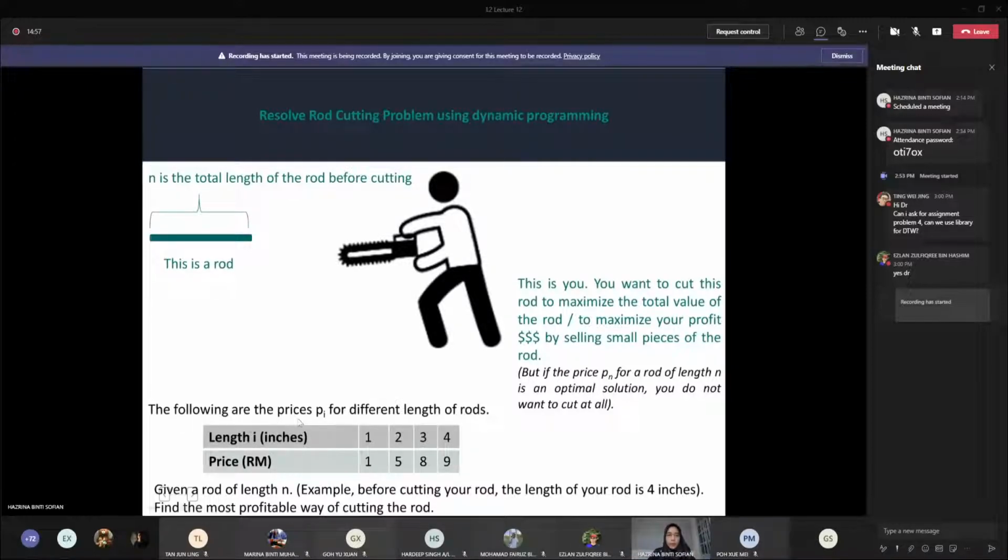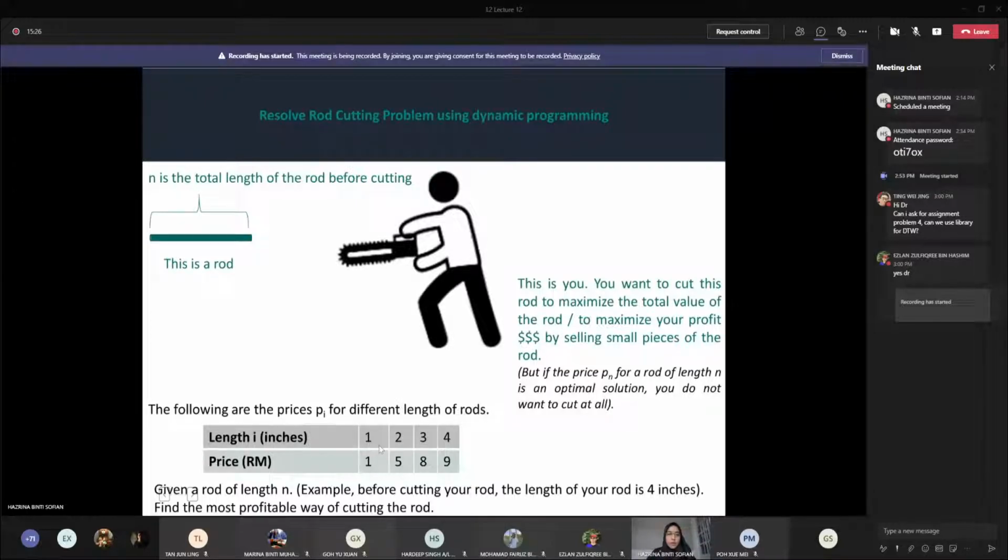The following are the prices P_i for different lengths of rod. Let's say this rod is cut into 1 inch pieces, then you can sell each for 1 ringgit. If I cut this into 4 pieces, then I can sell these 4 pieces for 4 ringgit.